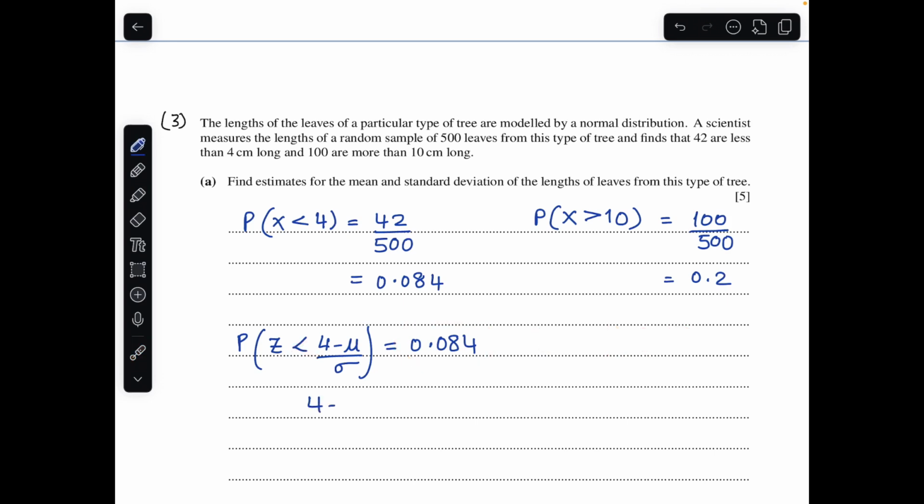So we have 4 minus mean over sigma is going to be negative phi inverse. Of course, you cannot calculate phi inverse of 0.084. It doesn't exist in the table. So we are going to do 1 minus 0.084.